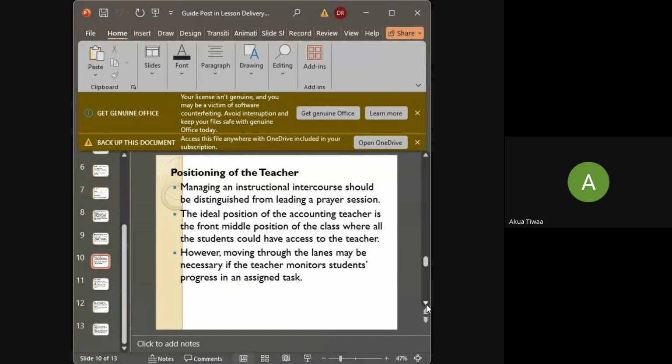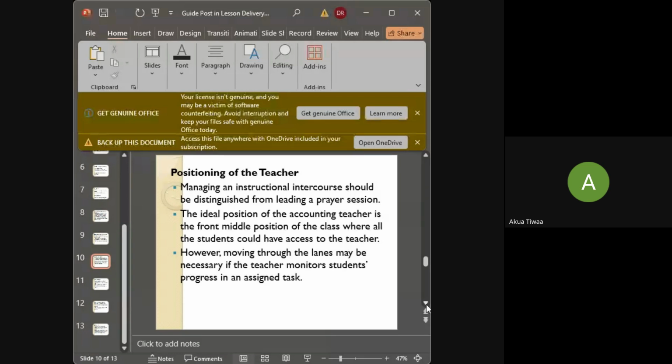But let's say you are writing notes, where do you start from? If it is not work that you are going to calculate, you have divided your board into three and you are going to give them notes. Where do you start? No, the same thing: from middle to right and left.